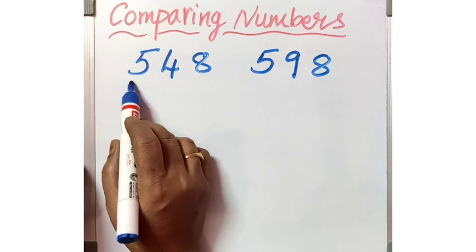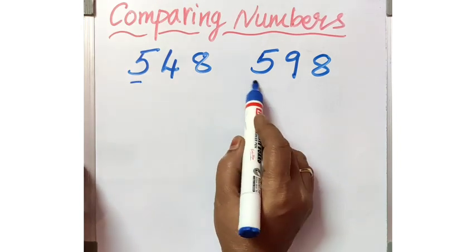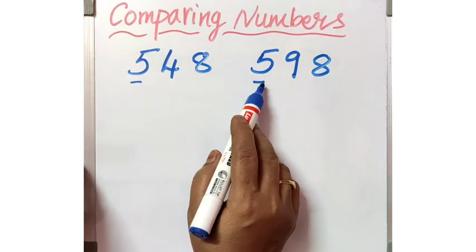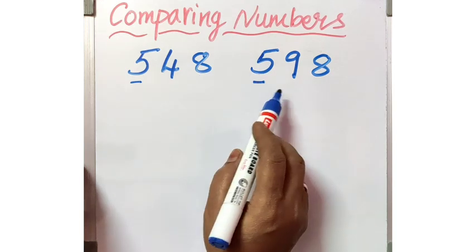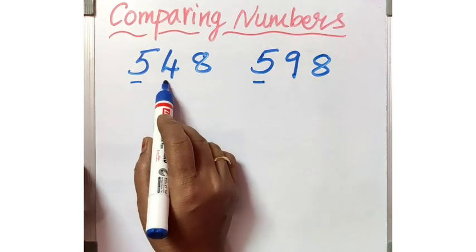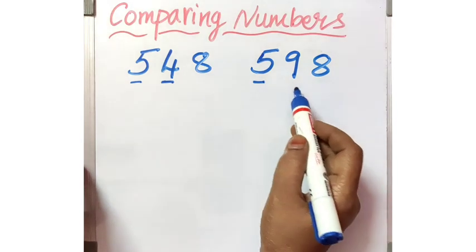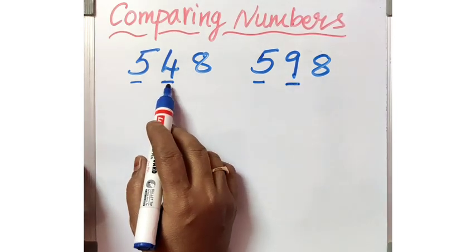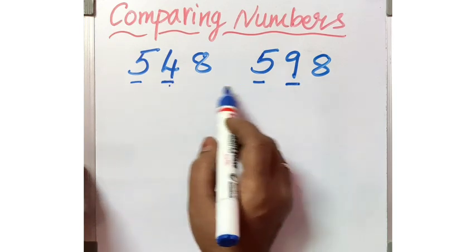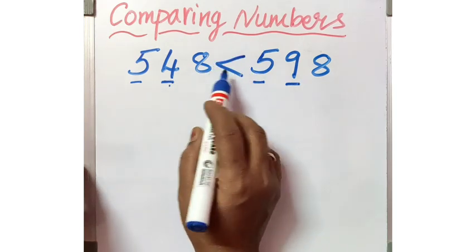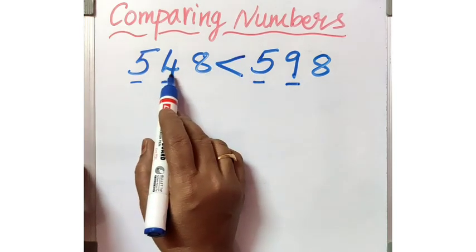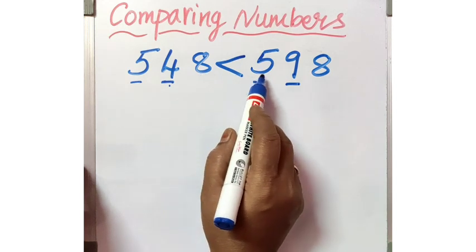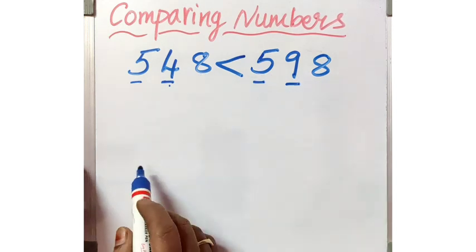Here in hundreds place we have 5. Here also 5. So both the digits are same. We have to go to the tens place and compare. Here in tens place it is 4 and here it is 9. Now which digit is small? 4 is smaller than 9. So less than symbol. So 548 is less than 598.